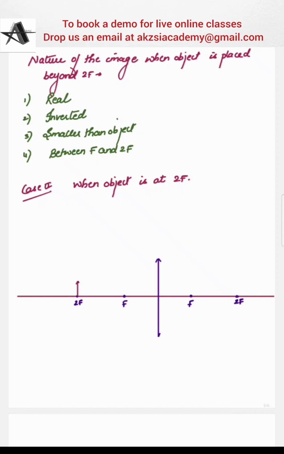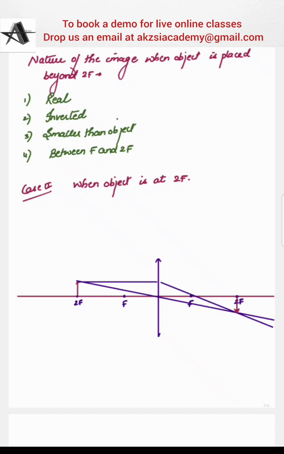So one ray parallel to principal axis and then passes to principal focus, and second ray that will pass through optical center undeviated. Where they meet, this will give you image at 2f. And if you see, the size is almost the same.